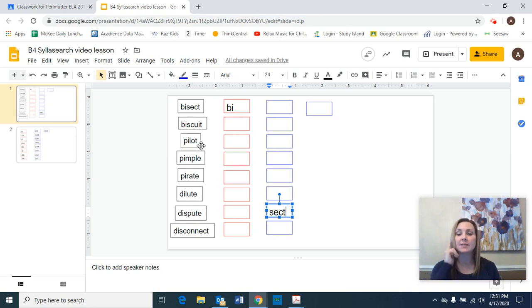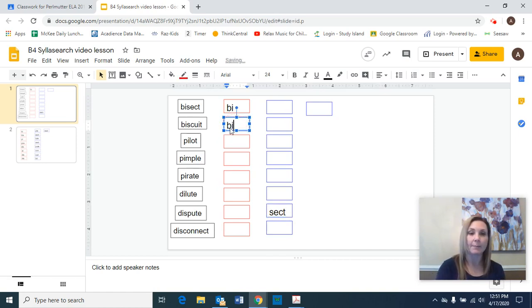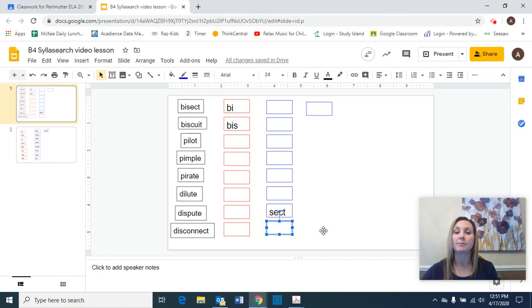All right, let's look at biscuit. I want you to say biscuit in your head. Now let's break that up into syllables. Ready? Let's count them. Biscuit. How many are there? 2 again. What letters make up the first syllable in biscuit? B-I-S. What about the letters that make up the second syllable in biscuit?